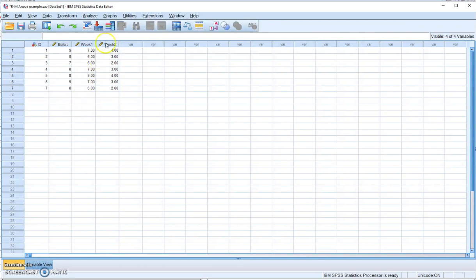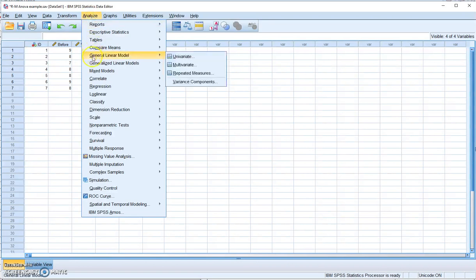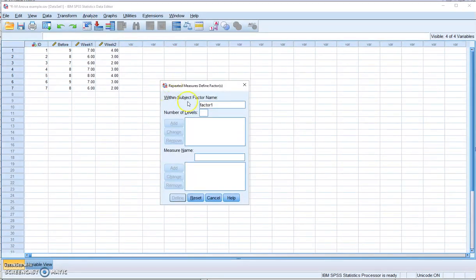To begin the analysis, we come to Analyze, General Linear Model, then pick Repeated Measures. First, you are asked for the number of levels for what SPSS calls factor 1. That's actually asking you how many times the same measure was repeatedly taken.